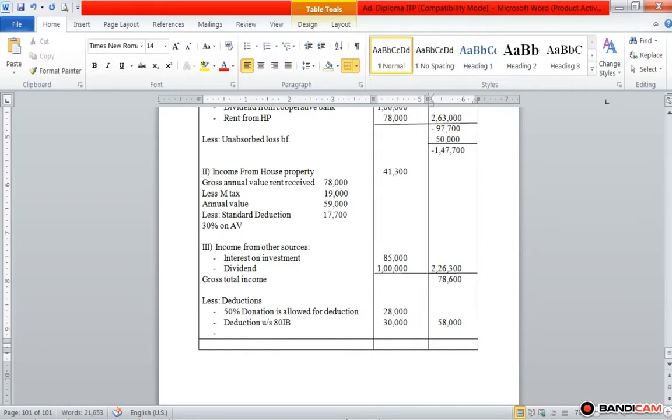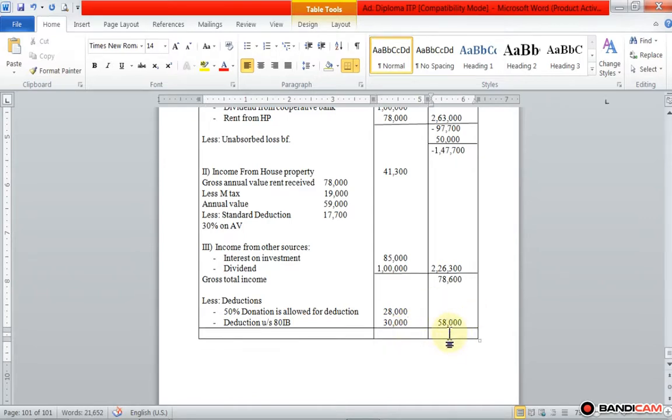So deduct these deductions from gross total income.